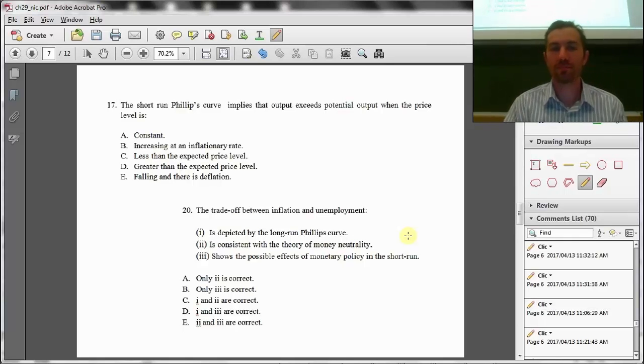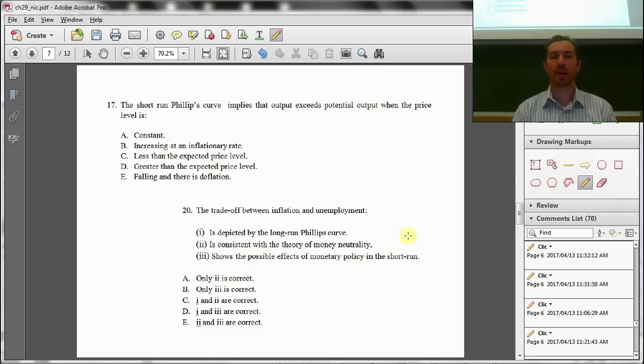Question 20. Trade-off between inflation and unemployment, and then there's 3 choices, is depicted by the long-run Phillips curve, is consistent with the theory of money neutrality, shows the possible effects of monetary policy in the short run. 1, 2, or 3, which ones do you think? Okay, how about option 1?